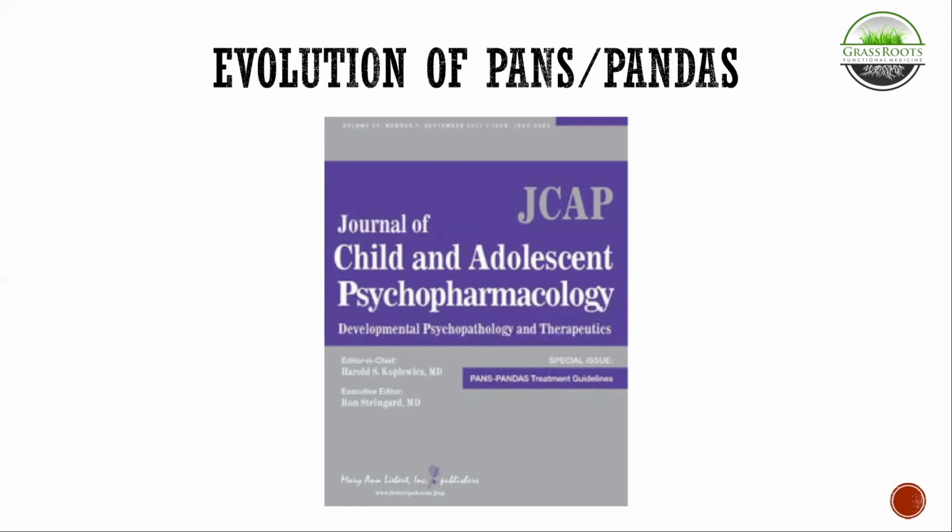So the first peer review studies came out in the mid-90s, and then continued research went on from there. And in 2012, PANS and PANDAS were actually defined as separate entities. 2015 is when the diagnosis and evaluation guidelines were released, and then actual treatment guidelines were released in the Journal of Child and Adolescent Psychopharmacology in 2017.